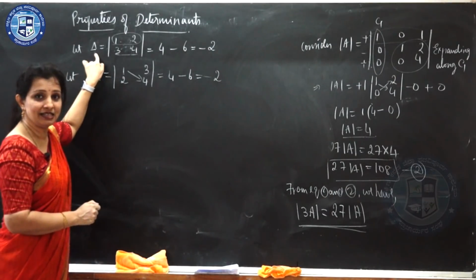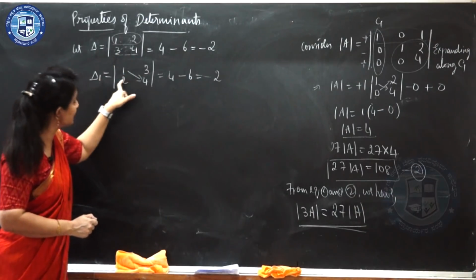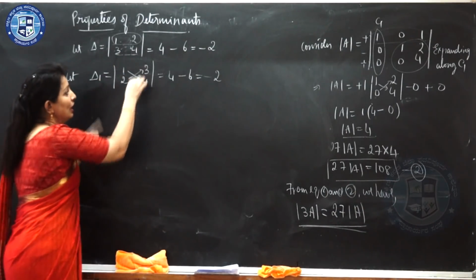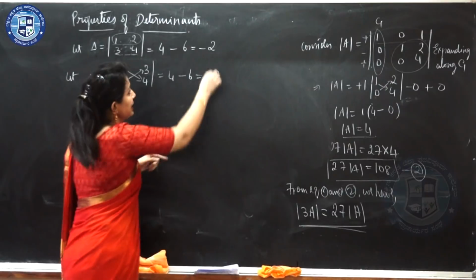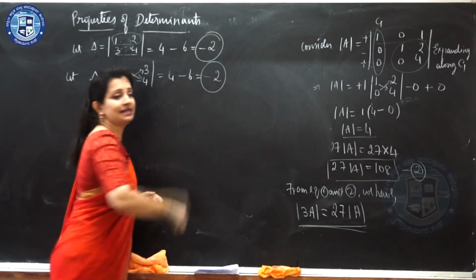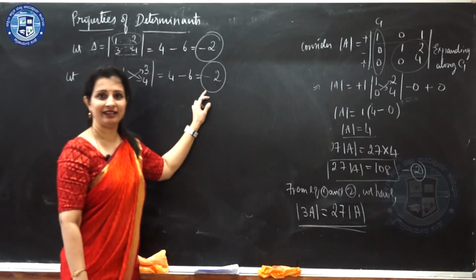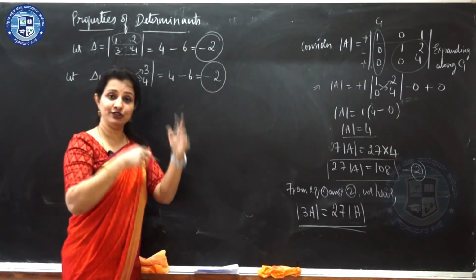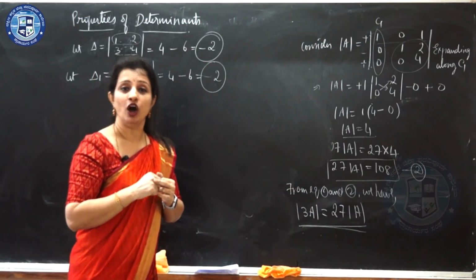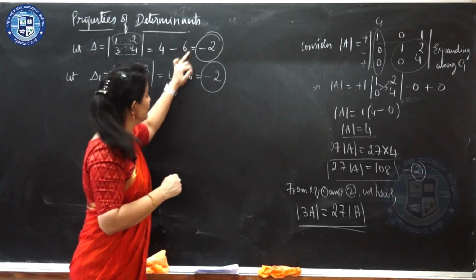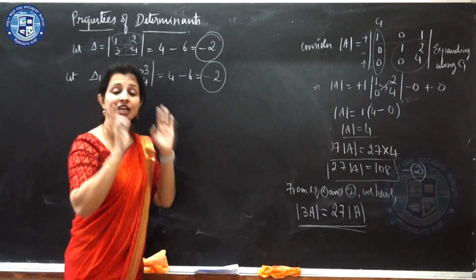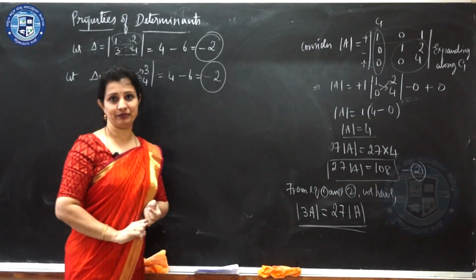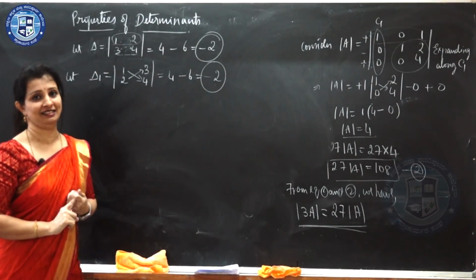Even if you interchange the rows and columns of a determinant, the value of the determinant will not change. It remains the same. So, that is the first property.